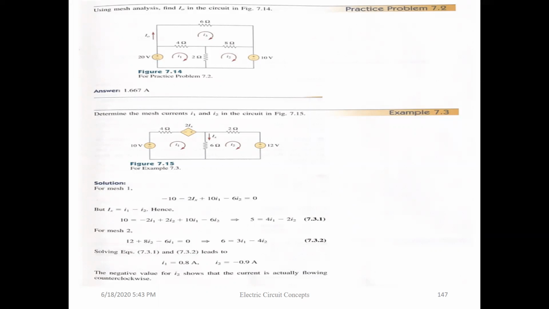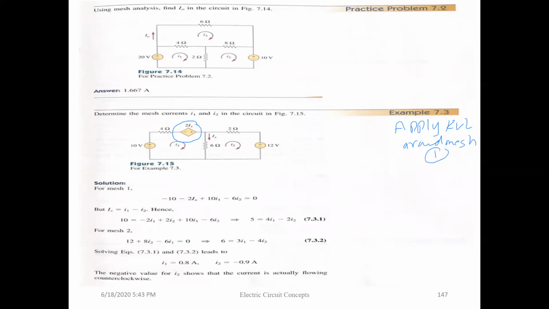Okay, in this example, this is a little bit tricky here. I'm going to show you how to deal with what is called a dependent voltage source, which is dependent on Ix. So I'll show you how to substitute for Ix. Let's apply KVL around mesh 1.